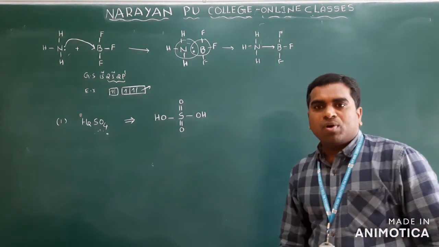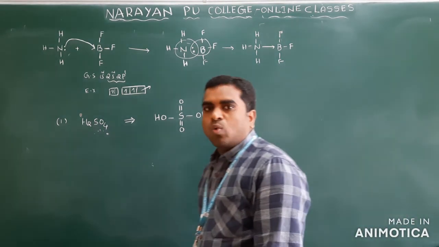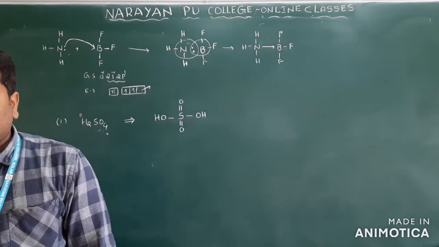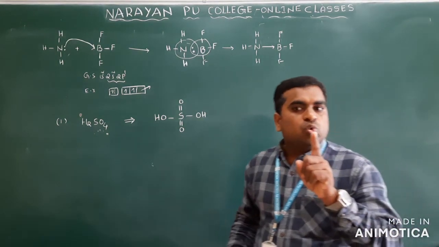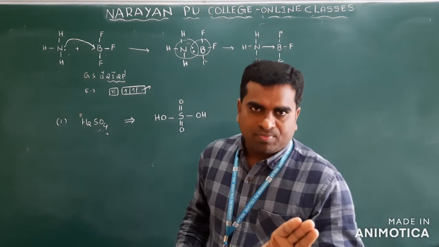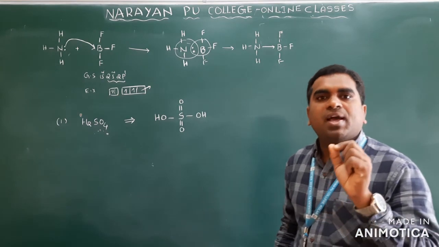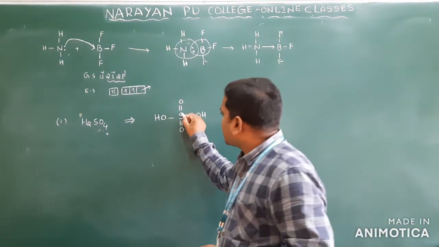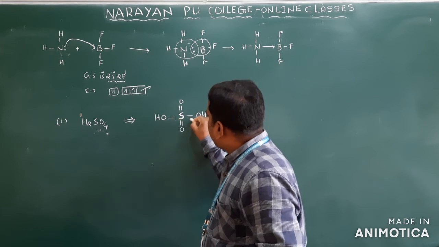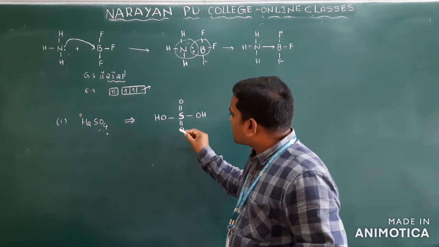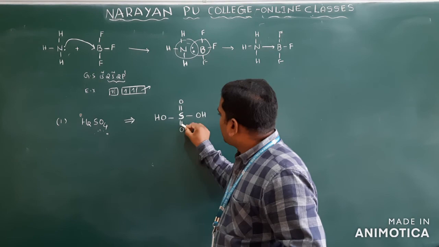Now in this compound, they will ask how many coordinate bonds are there. Clear? So I already mentioned the central atom should attain the octet. The central atom should attain the octet. If you see, this central atom is there. Around the central atom, how many bonds are there? Check it. 2, 4, 5, 6.